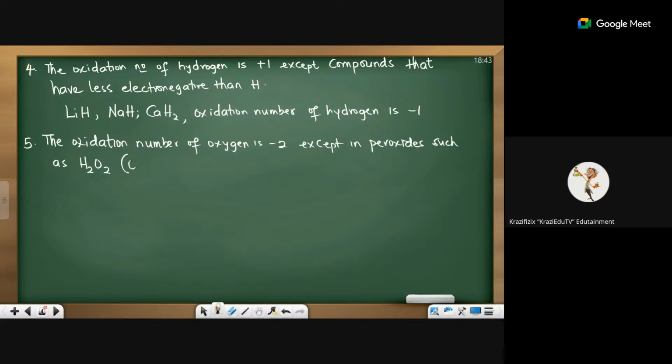In this case, the oxidation number of oxygen is -1.